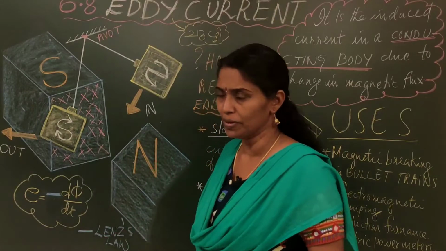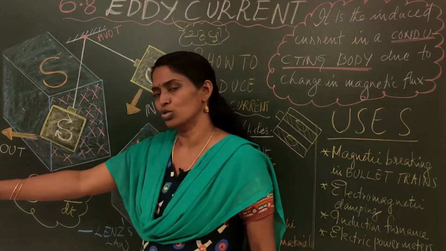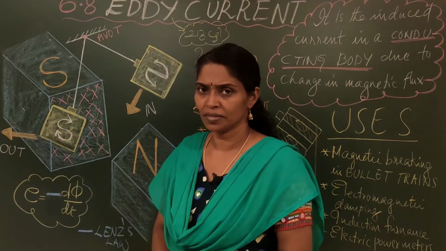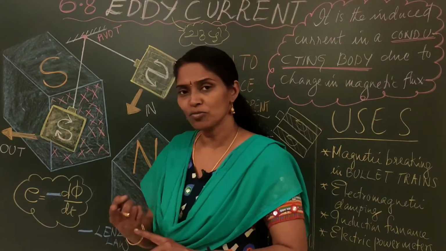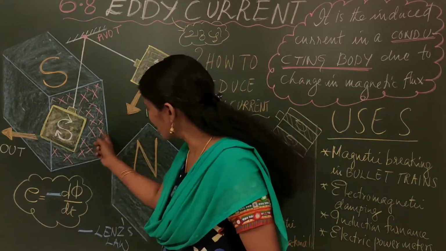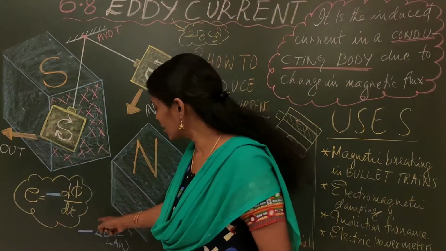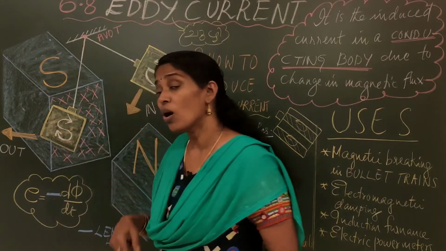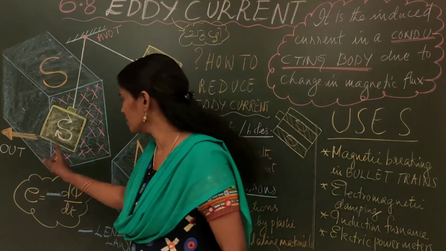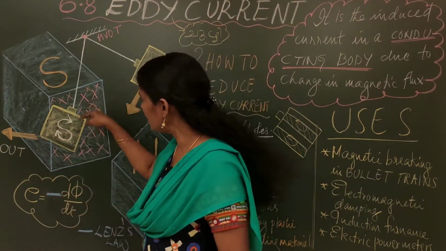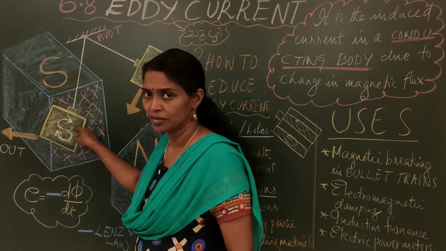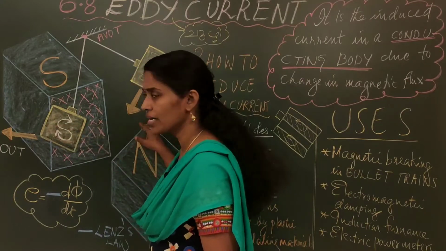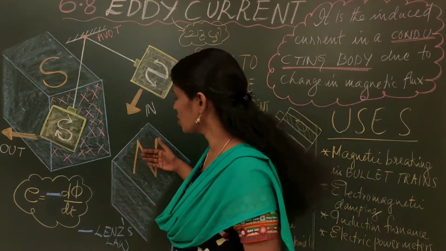Suppose this is coming out of the field. Lenz's law comes into play. Once it is going out, the induced EMF, or induced current, E by R, should be in such a manner that it has to return back. If you have to pull it back, what should happen? This is the north pole.